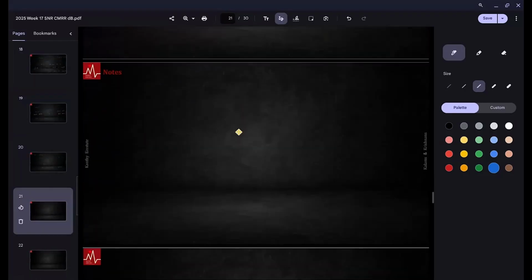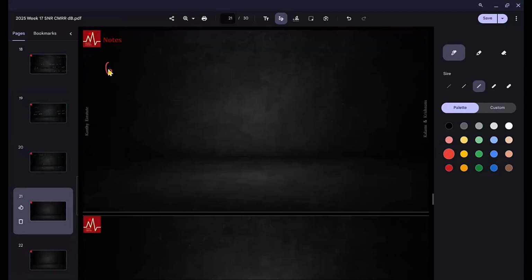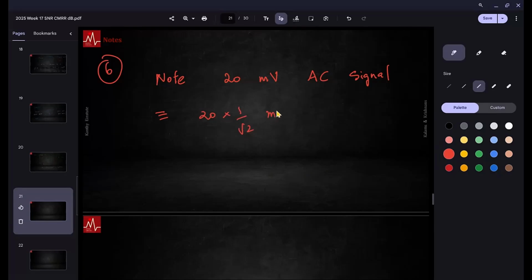Number 6, the last one. No questions, just a note. A 20 millivolt AC signal corresponds to 20 into 1 by root 2 millivolt RMS.